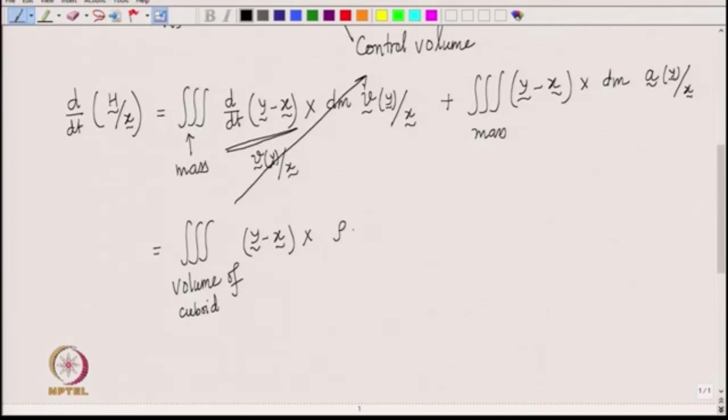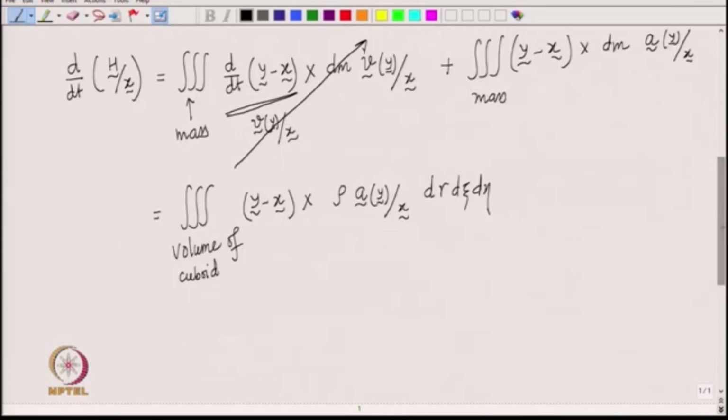So, rho times acceleration of the particle y relative to x times dv, which is d gamma, d zeta, d eta. Okay.